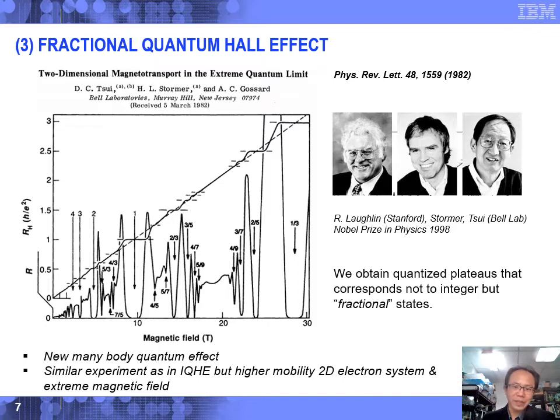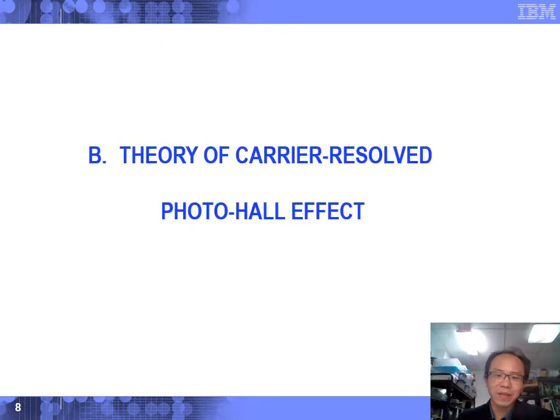And this regime is essentially a new regime of many-body quantum Hall effect, where the full theory was developed and explained by Bob Laughlin from Stanford, and the three of them received the Nobel Prize in Physics for the discovery of the fractional quantum Hall effect. So those two serve as an example of how important and fundamental the Hall effect is in recent decades.